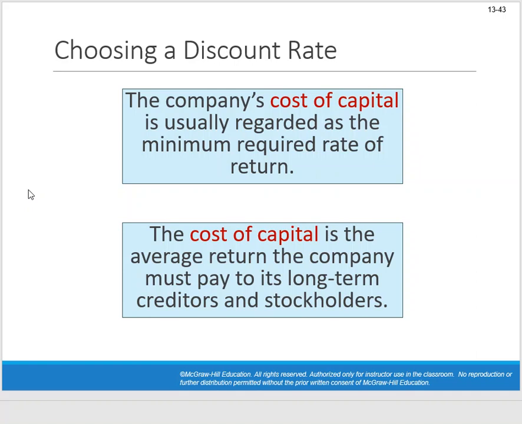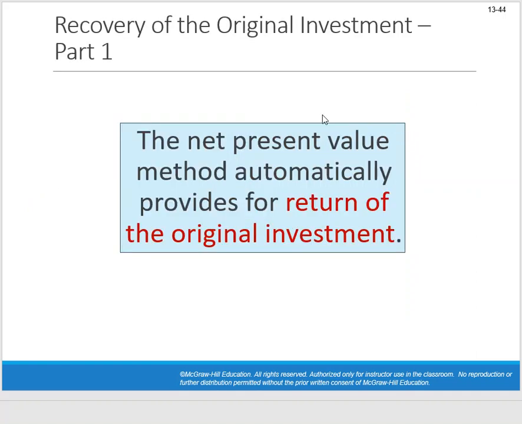So they would want to know what their cost of capital is, and that would be our minimum required rate of return. The NPV method automatically is providing for a return of the original investment. So again, that's why if it comes out to 0, that's totally fine. That means that it's returning the original investment and providing a return equal to that of the discount rate.